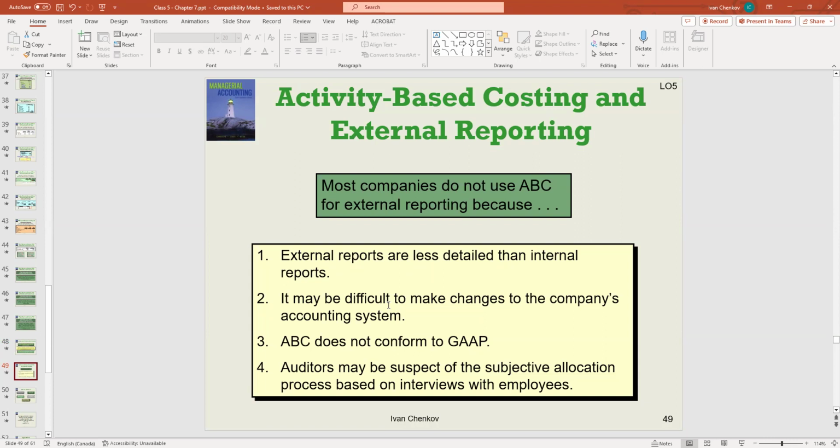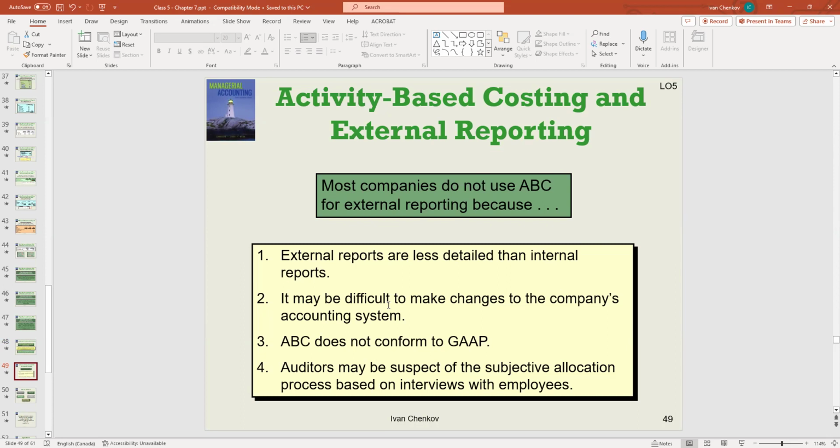The other reason is it may be difficult to make changes in the company accounting system. Remember, we have to run two parallel systems, activity-based costing and the traditional system. Why? Because activity-based costing doesn't conform with generally accepted accounting principles. Only traditional costing is under generally accepted accounting principles. The other thing is auditors, we have this problem with the auditors. Why?